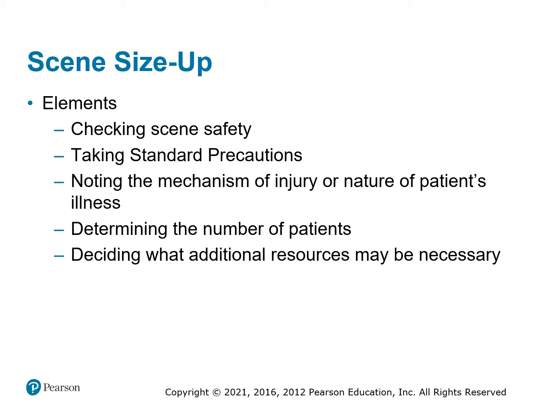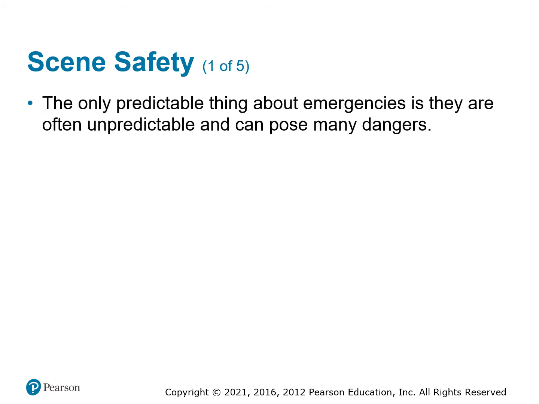It could be the helicopter to help get a patient to a more definitive place faster than what you can get them there in the ambulance. So the biggest thing is understanding what resources you have at your disposal and when you're going to use them.